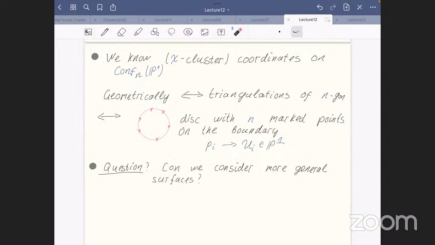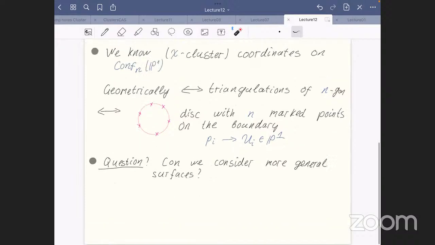In the example above, as a surface we have a disk or polygon, topologically equivalent. One can ask for a surface with more punctures, handles, holes, whatever. Let us try.